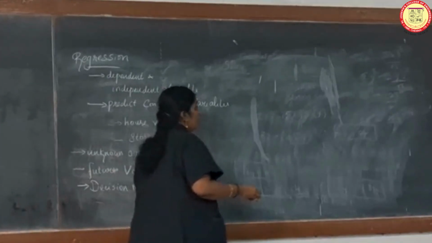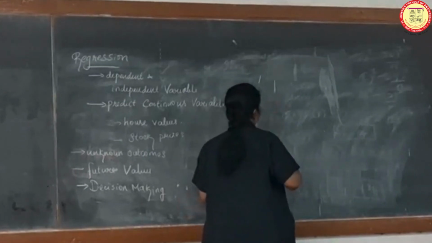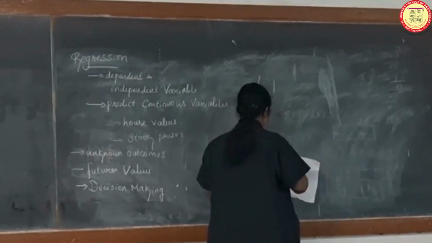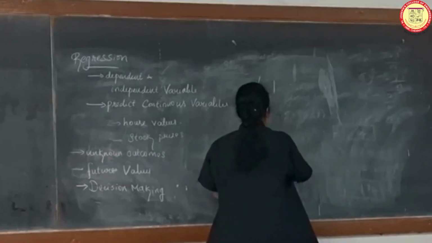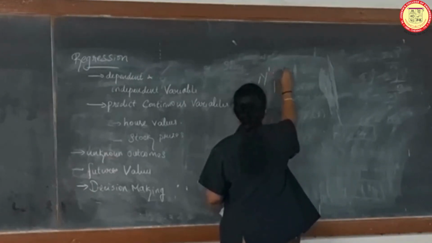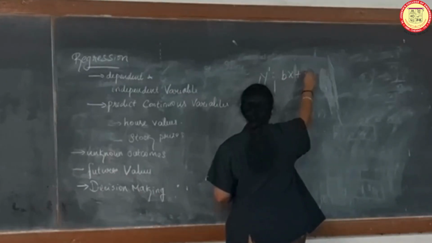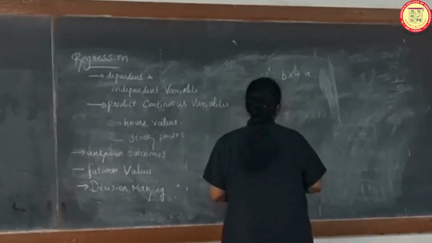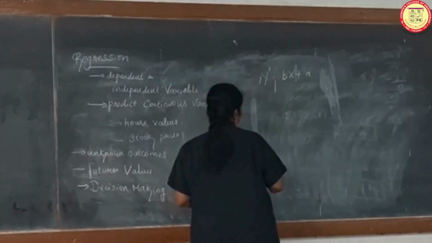The calculation can be represented by the regression line formula, that is y dash is equal to b into x plus a. Here b as well as a are called the coefficients.